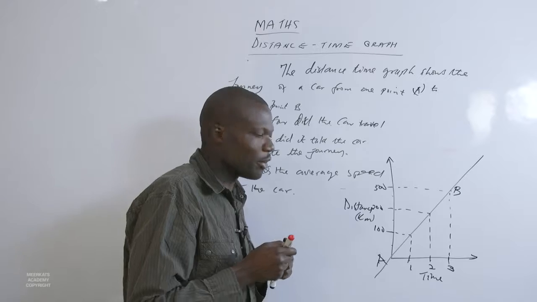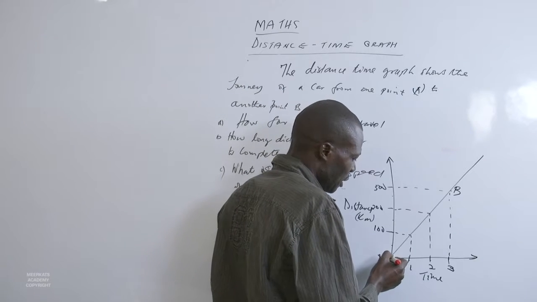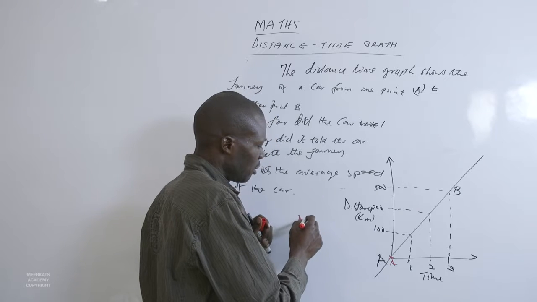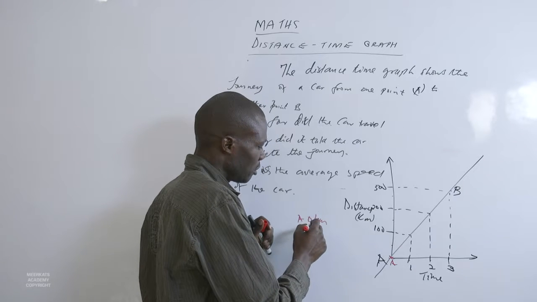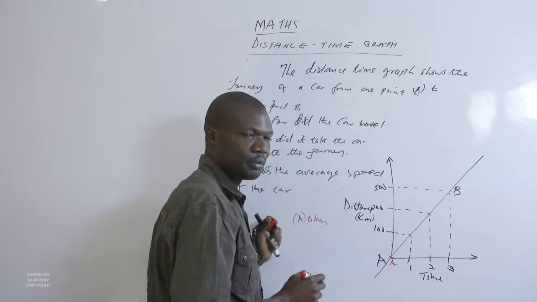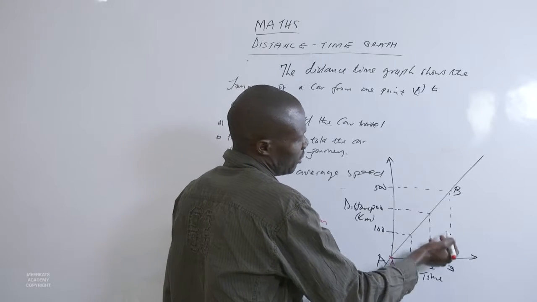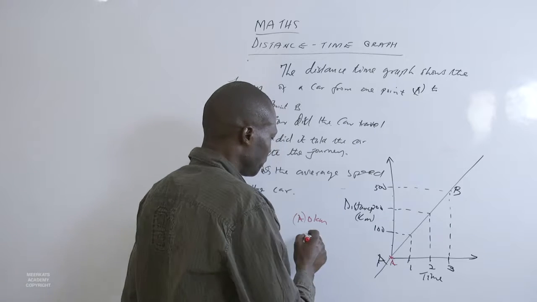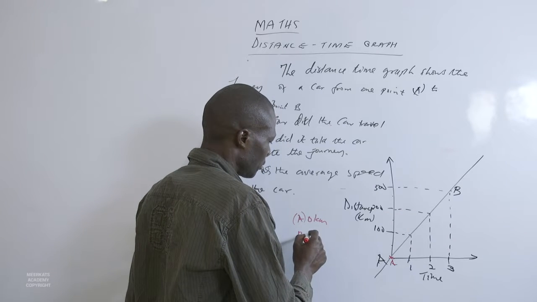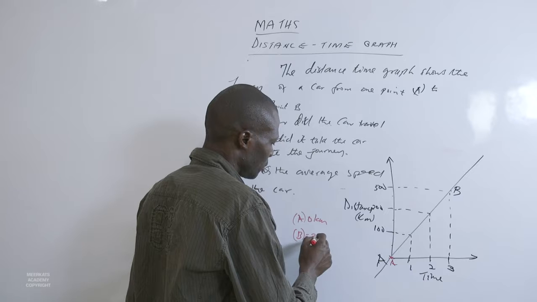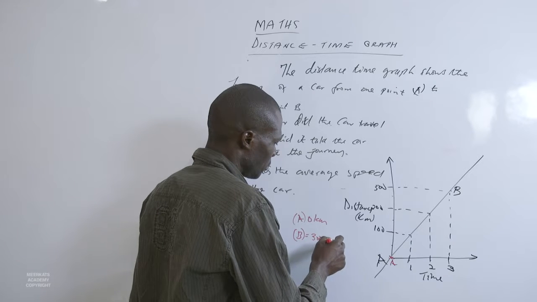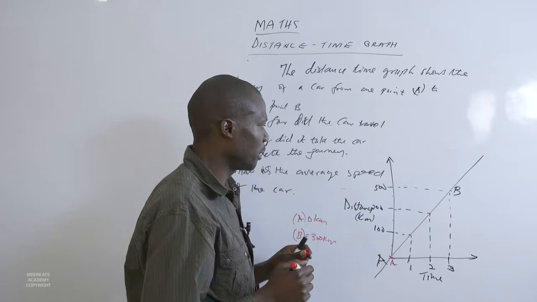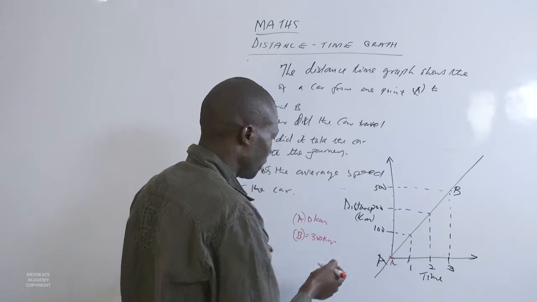For us to find how far the car traveled, at this point that I call A, the distance is 0 kilometers. And where it ends at B, as you can see, it is 300 kilometers.